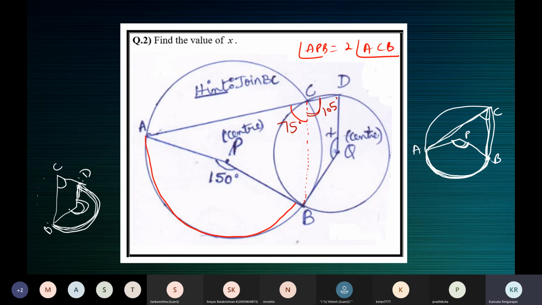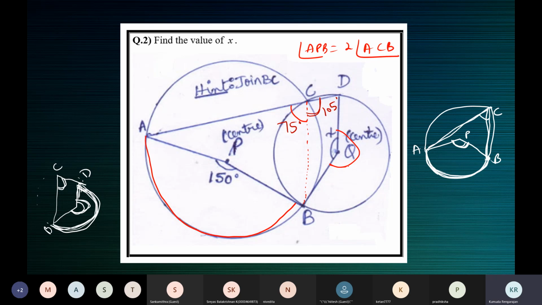I told you, go in the direction of the arc. This is the arc. So this is the angle formed at the center, and this is the angle formed on the circumference. So the relation is between this angle and this angle.